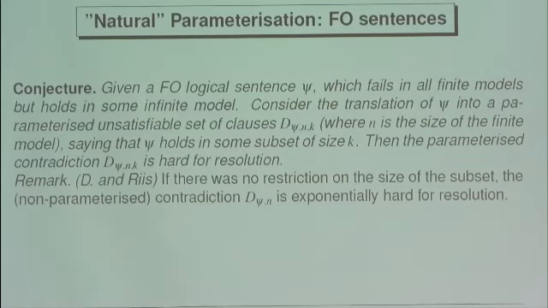You can pick the least number principle, which satisfies this, but it is easy for resolution. However, if you relativize those sentences in the obvious way, instead of saying the sentence has a model of size n, you say the sentence has a model over some subset of a set of size n. Well, then everything becomes hard for resolution, simply because resolution cannot count.